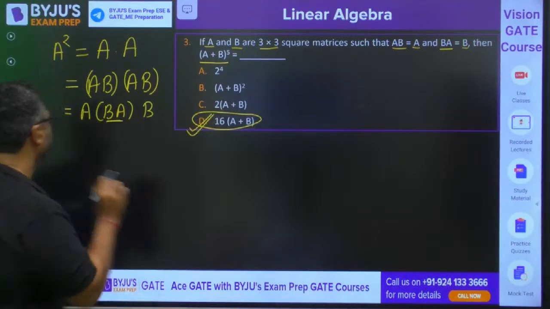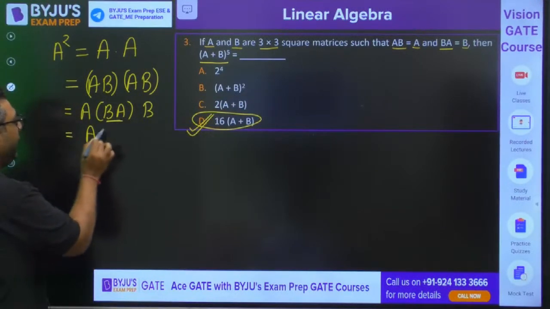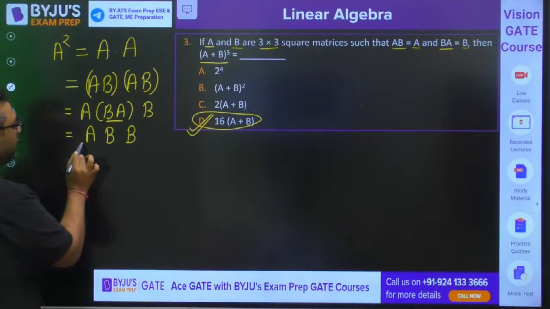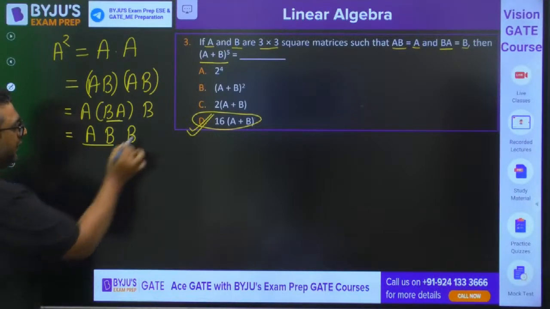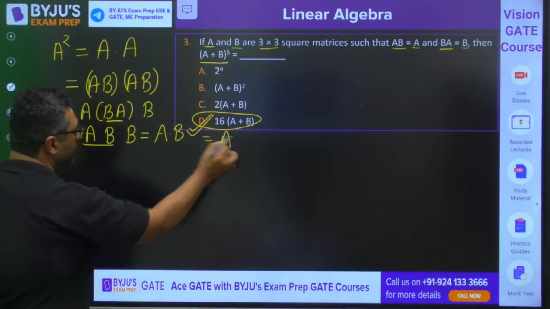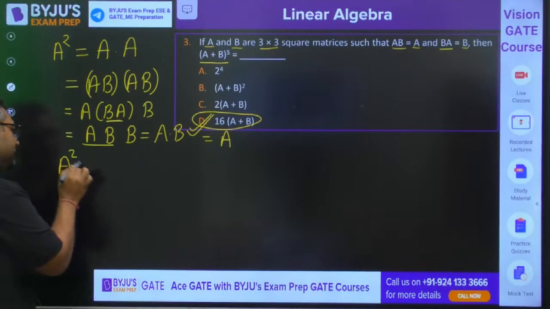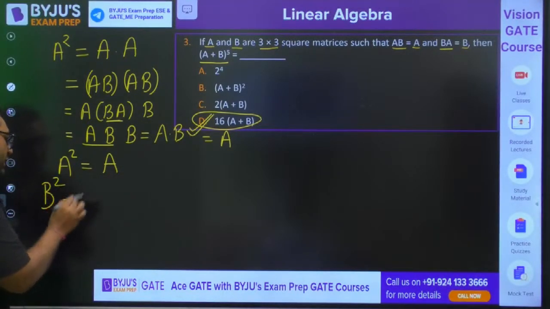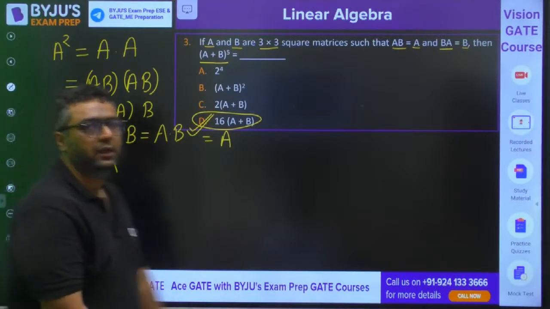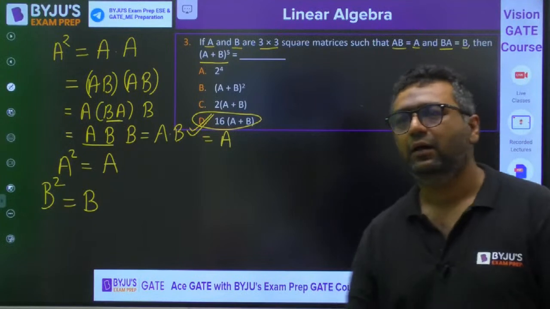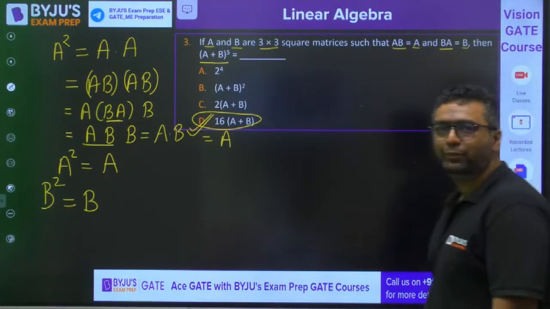BA is B. So it is A, B, B. What is A into B? It is A. What is A into B? It is A. So we got A square is equal to A. Similarly, we can derive B square is equal to B. Like we derived A square is equal to A, we can definitely write B square is equal to B.